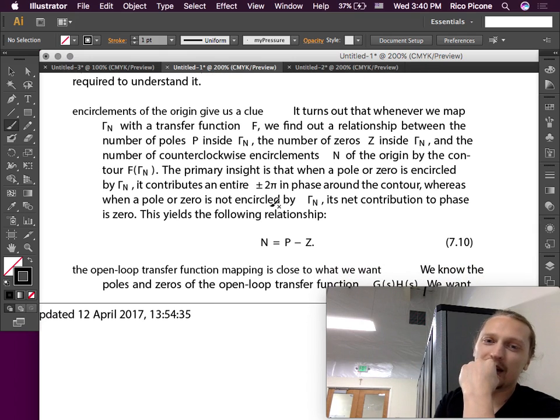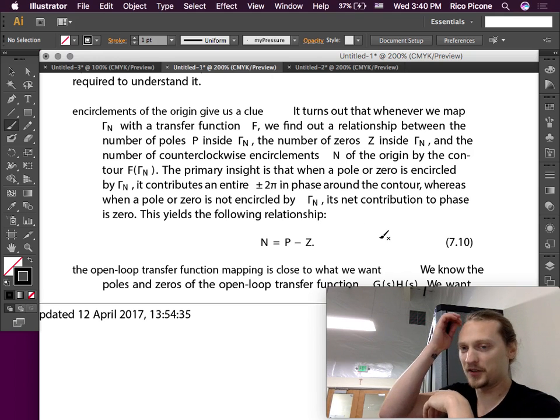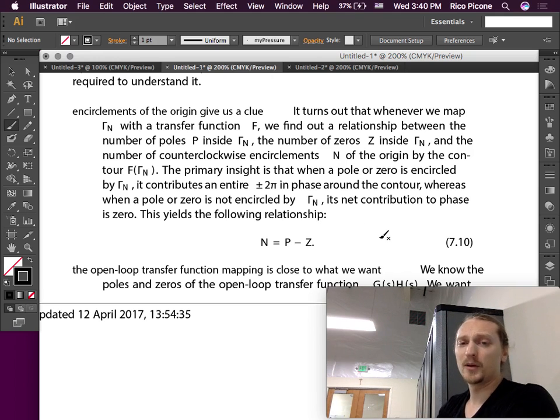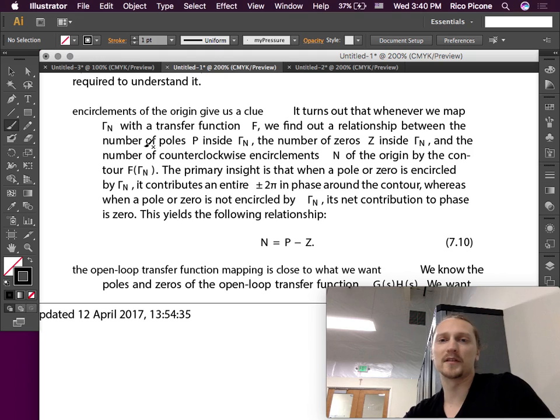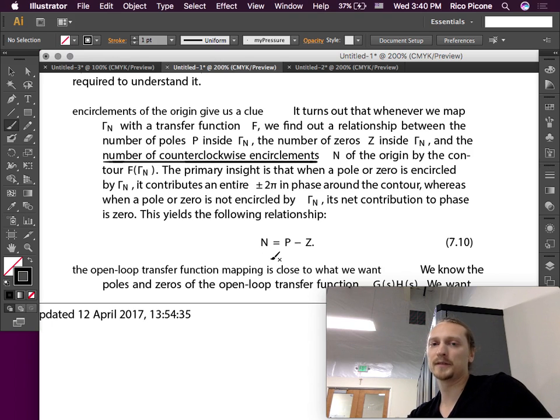Okay. So this yields the following relationship, which is a really simple equation: N, the number of counterclockwise encirclements of the origin, equals P, the number of poles inside the original contour, and Z, the number of zeros inside the contour.